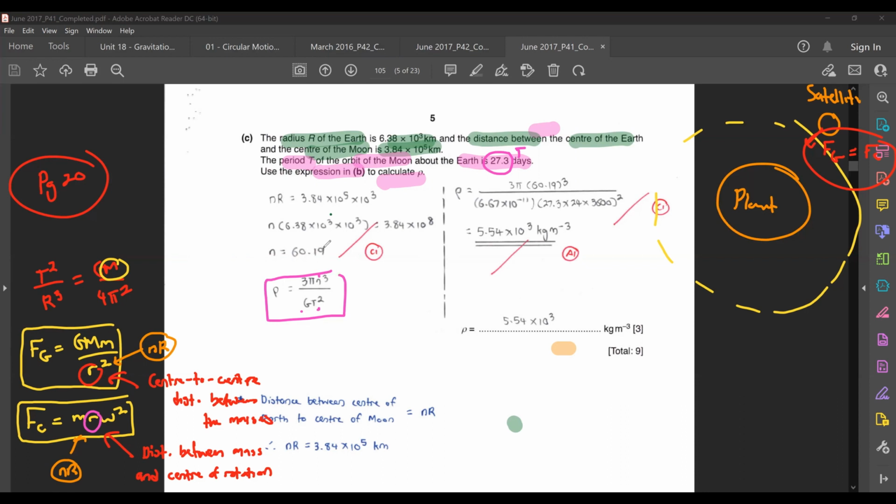It so happens that they already gave you one particular piece of information. They told you that the distance between the center of the Earth and the center of the Moon is 3.84 times 10 to the power 5. So just now, this one was your planet, and this one was your moon.